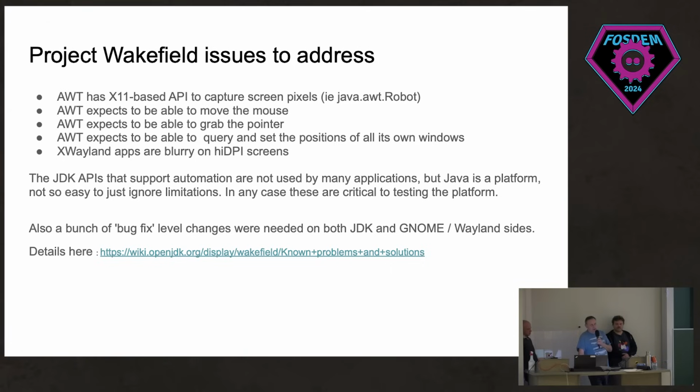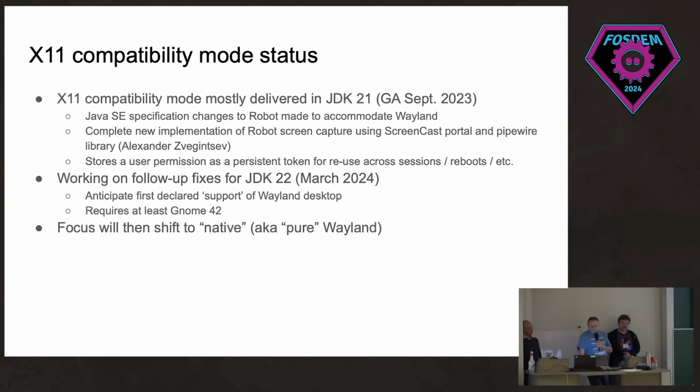And there's a bunch of bug-level fixes that we've found we need to do as well. And as the project went on, we actually found some bugs on the Wayland side as well. All of these things are described in detail at that URL, which obviously I'm not going to read out for you.